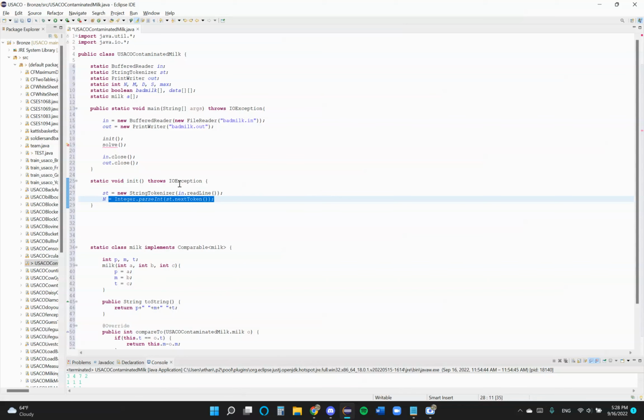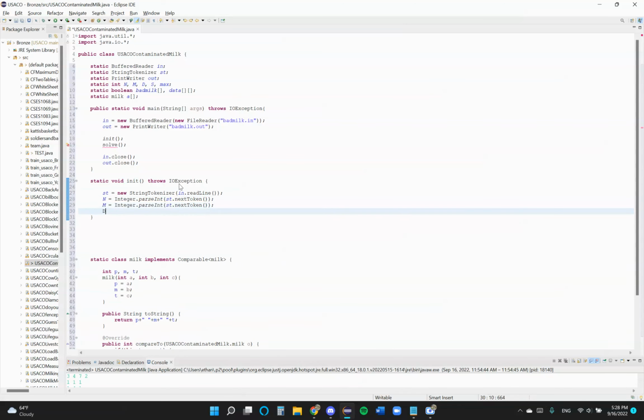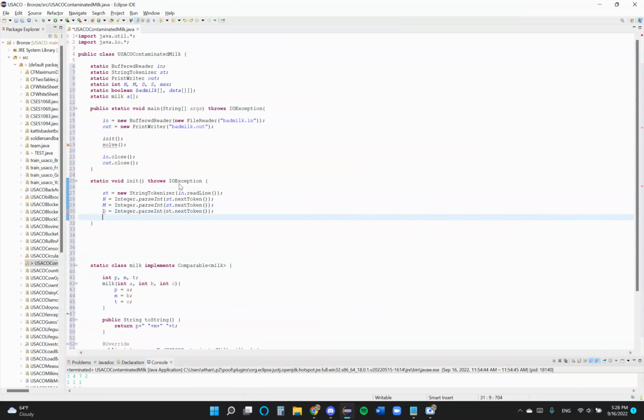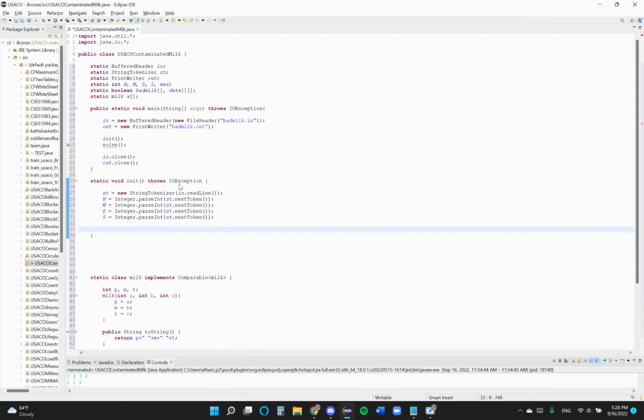And then we copy that for each of the other values. And then we have to create the array with the class that we created.